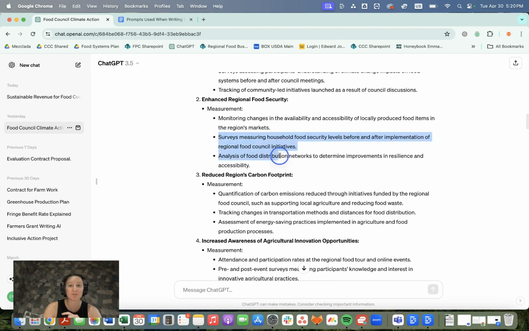And it seemed unrealistic to me, given our project time period, to be measuring food security levels before and after a year.